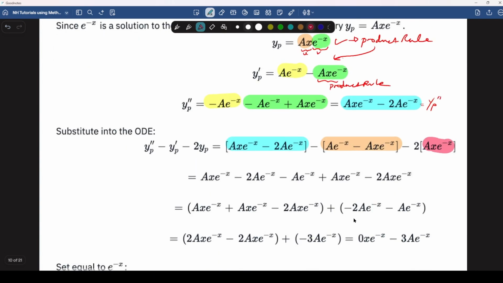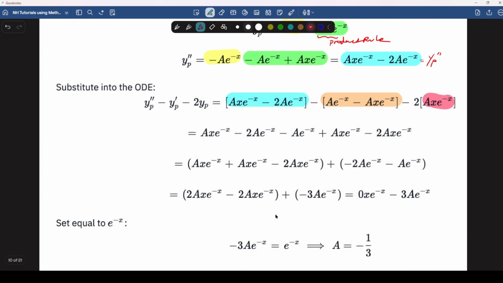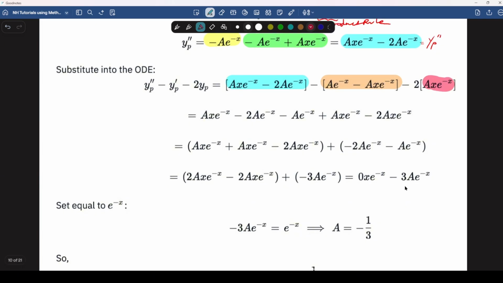Overall you should have this expression, which simplifies into 0 times x times e to the power of negative x minus 3a e to the power of negative x.